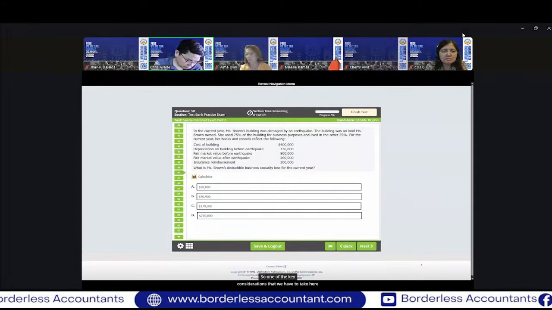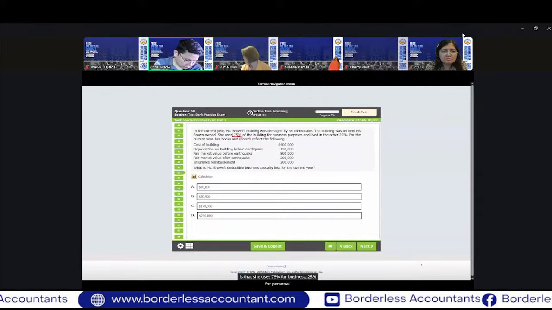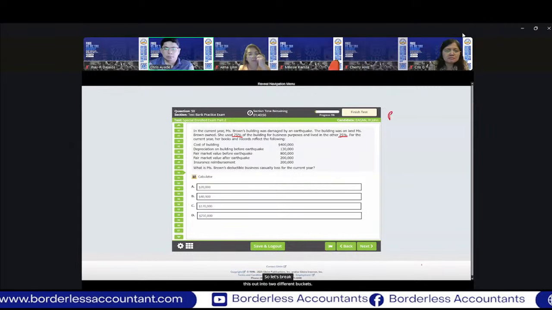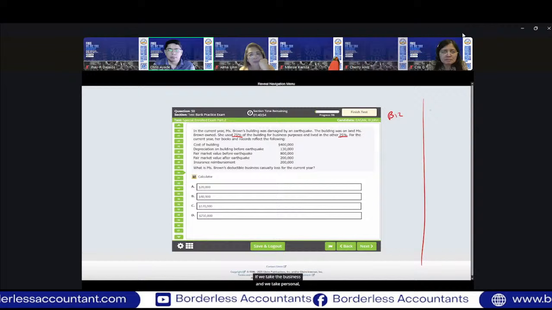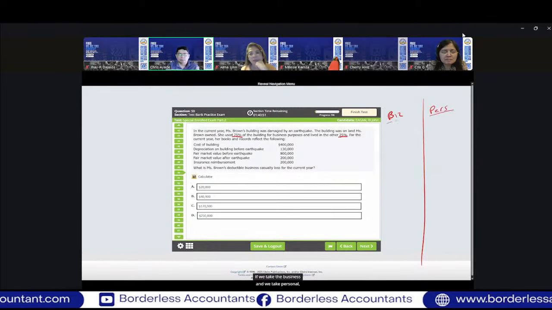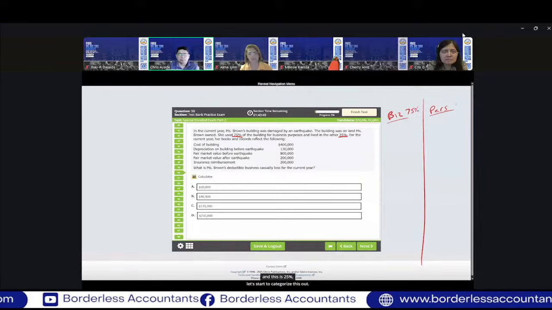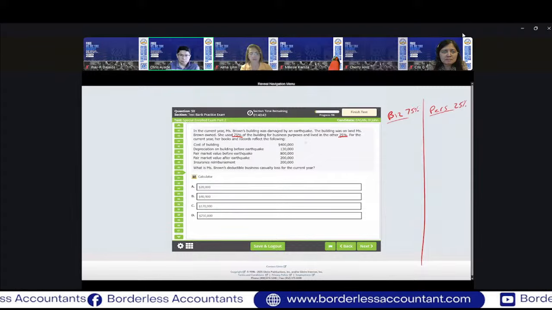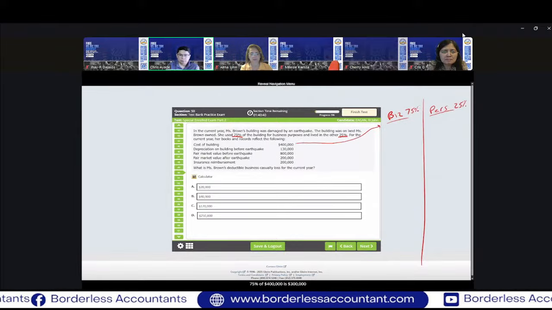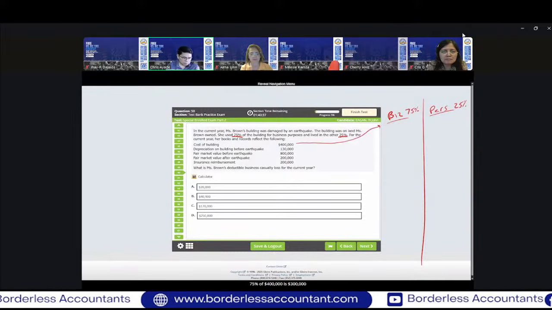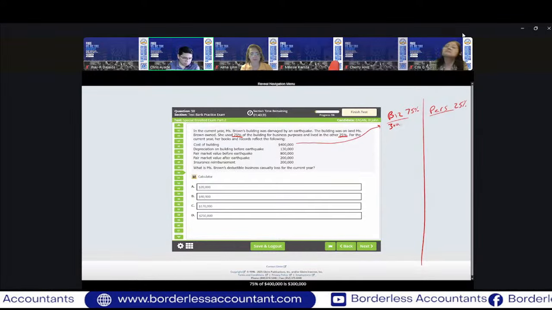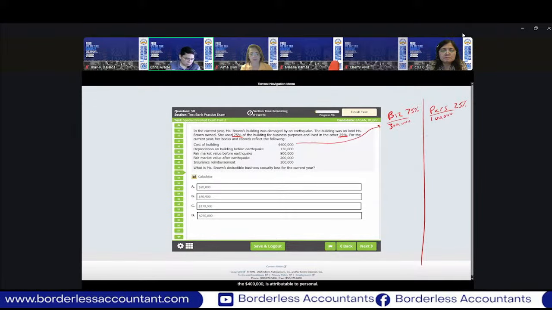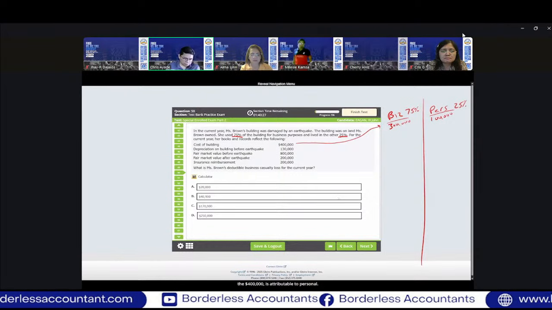One of the key considerations is that she uses 75% for business and 25% for personal. So let's break this out into two different buckets, business and personal, 75% and 25%, and start to categorize this out. For the cost of the building, 75% of $400,000 is $300,000, and the other $100,000, or 25% of the $400,000, is attributable to personal.